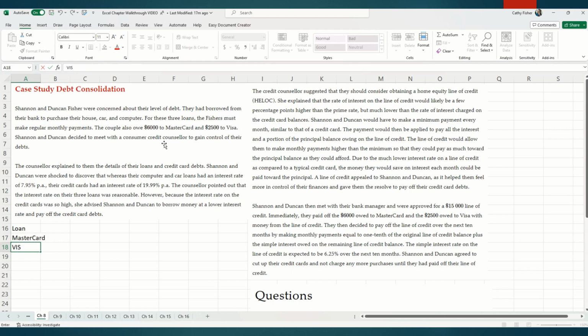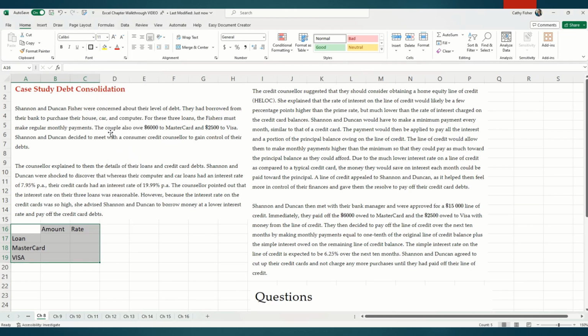What I know so far is, maybe I'll move this down a little bit, so that we can have all of their loans, what their amount is, and maybe what the rate is, just so we have some idea of what's going on. And this will give us an idea of what they have going on. So let's see what they got.